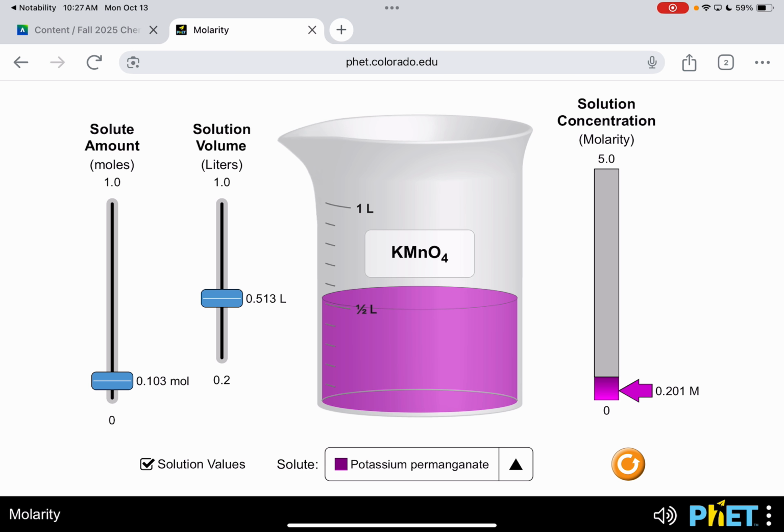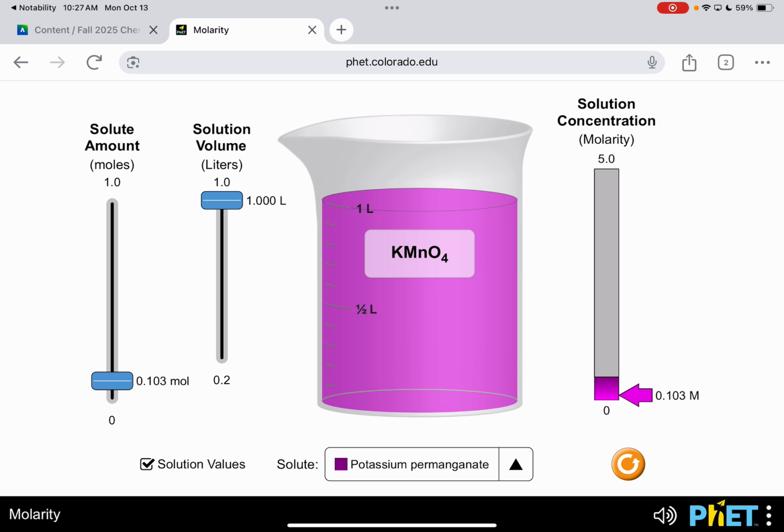Pretend like I have this sitting out on the counter for like a week, okay? And some of the liquid, the water, evaporates, but the amount of potassium permanganate doesn't change. So it starts to evaporate. Look at what's happening to the concentration. It actually gets more and more concentrated, not because I'm adding more potassium permanganate, but because my amount of solvent is changing.